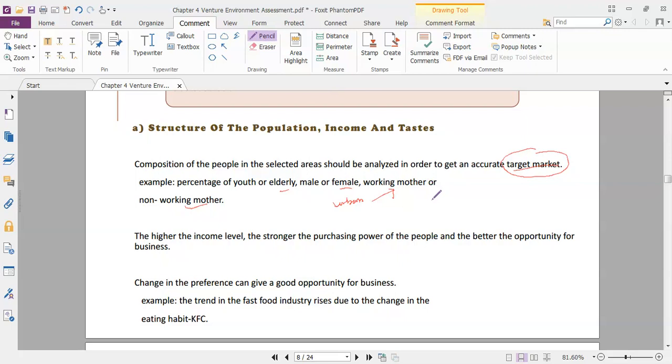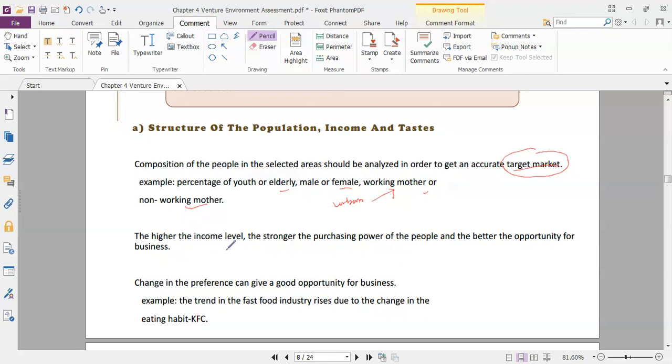So as a business, we can offer food and beverage that is very fast, for example fast food. We must also look at the environment for something clean.